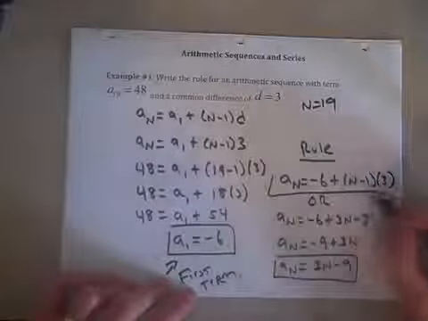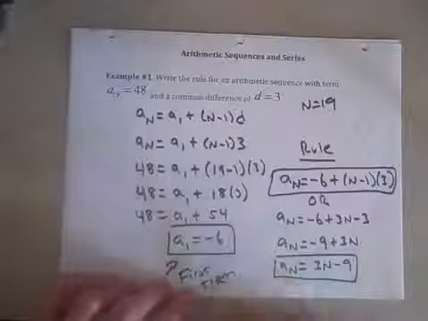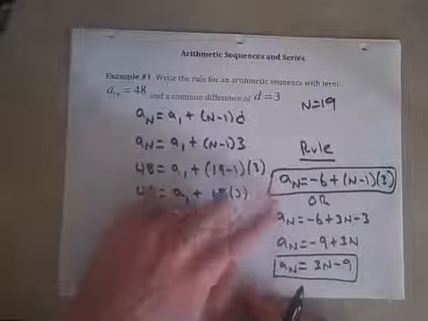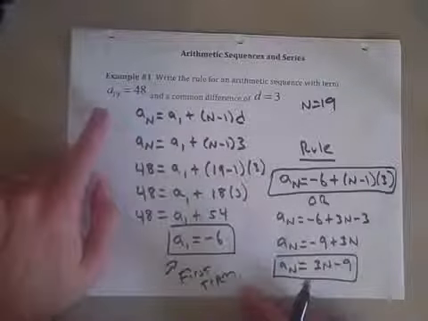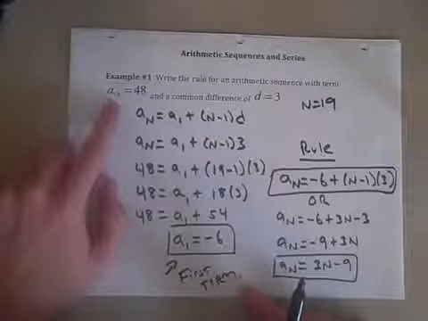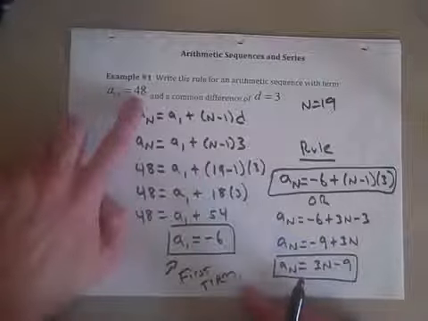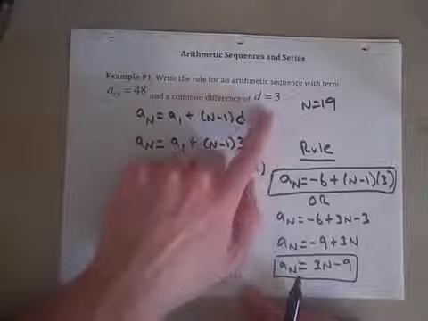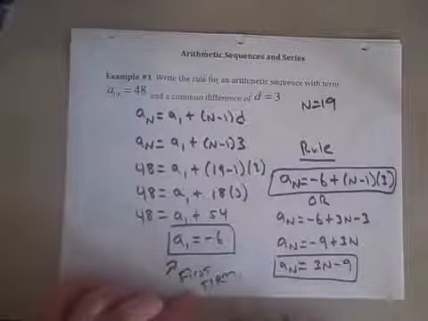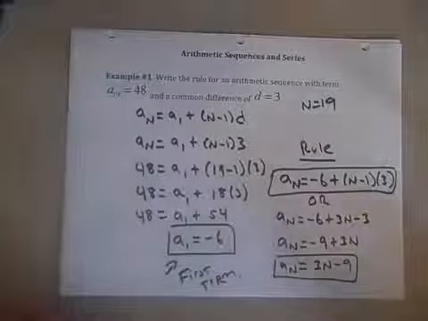So here are our two answers, and this is the rule for an arithmetic sequence whose 19th term is 48, and the common difference between each term is 3. All right, cool. Let's keep going.